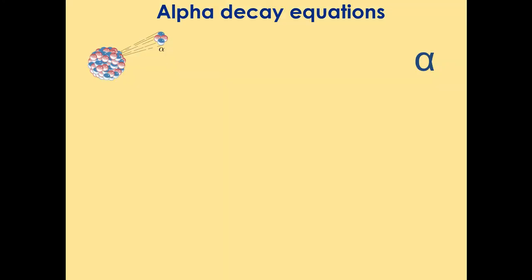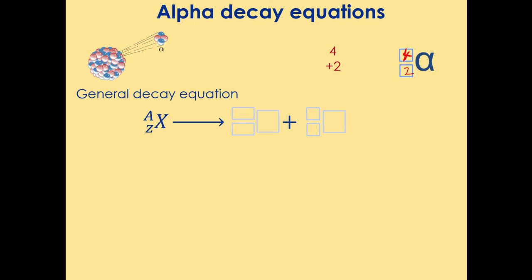So in terms of alpha decay equations, we need to again write alpha using our Edexcel notation. So 4 at the top, apologies that's not very clear, and then 2 at the bottom. First of all, we're going to do an algebra version of this equation. Now I've started off with my original unstable nucleus here in Edexcel notation.